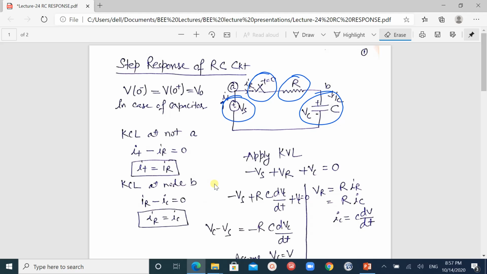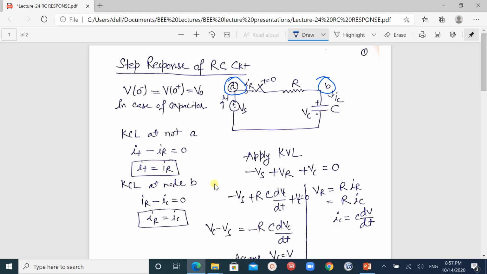Apply the KVL and KCL. Apply the KCL at node A. In this circuit we are having two nodes, node A and node B. First we apply the KCL at this node.